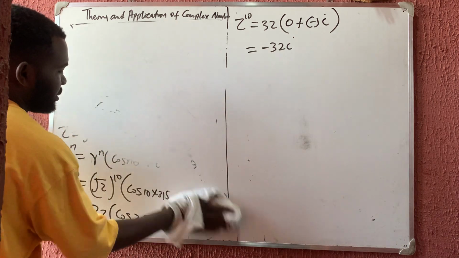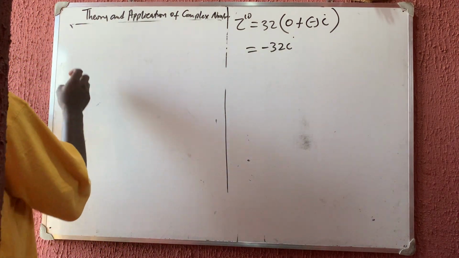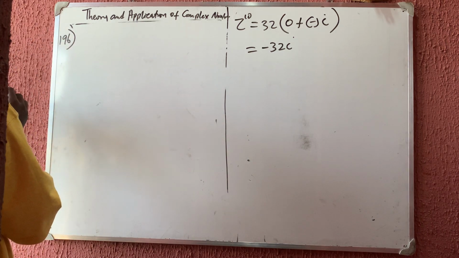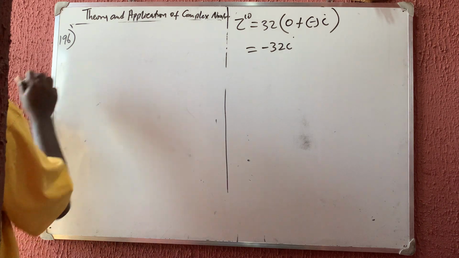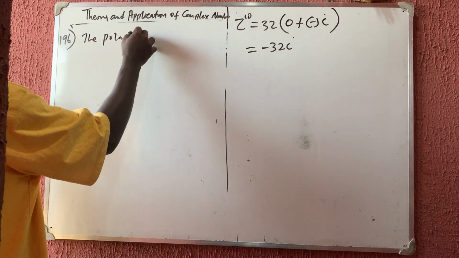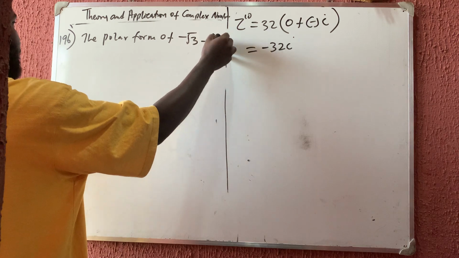Question number 196 said the polar form of minus root 3 minus i is dash.